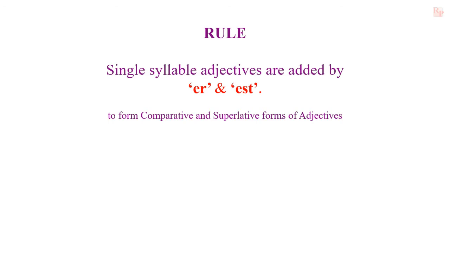Now let us know what is meant by single syllable. For example, the word high is there. If you want to pronounce this word, you pronounce it at a time. If you take another word like wonderful, you can divide it into three parts: won-der-ful. But you can't pronounce this word in one unit.